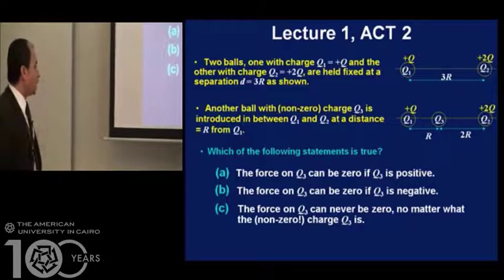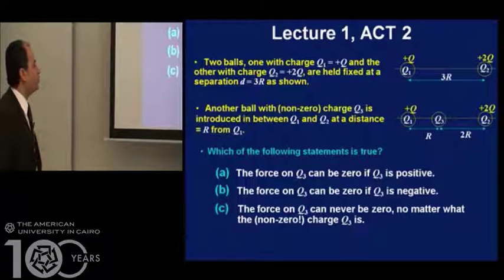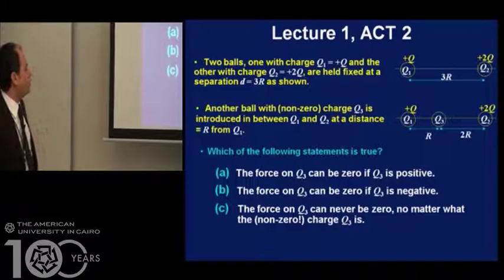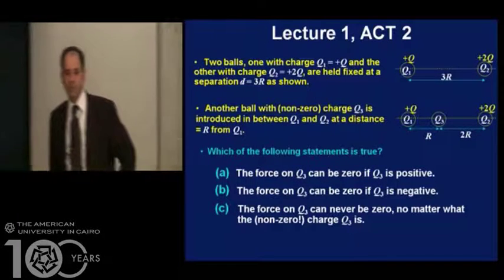The force on Q3 can be 0 if Q3 is positive. The force on Q3 can be 0 if Q3 is negative. The force on Q3 can never be 0. The force on Q3 can never be 0 no matter what the non-zero charge Q3 is, no matter what the value of Q3.